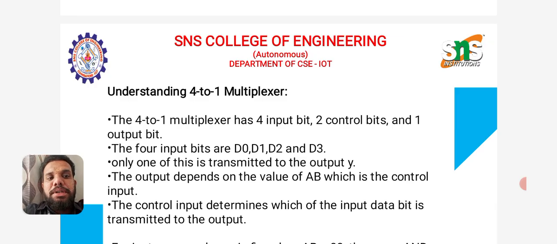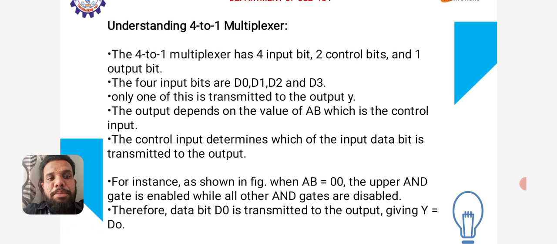The output depends on the value of AB, the control bits. There are 2 control bits, A and B. Based on their combination, we select any one input and transmit it to the output. The control input determines which input data is transmitted.